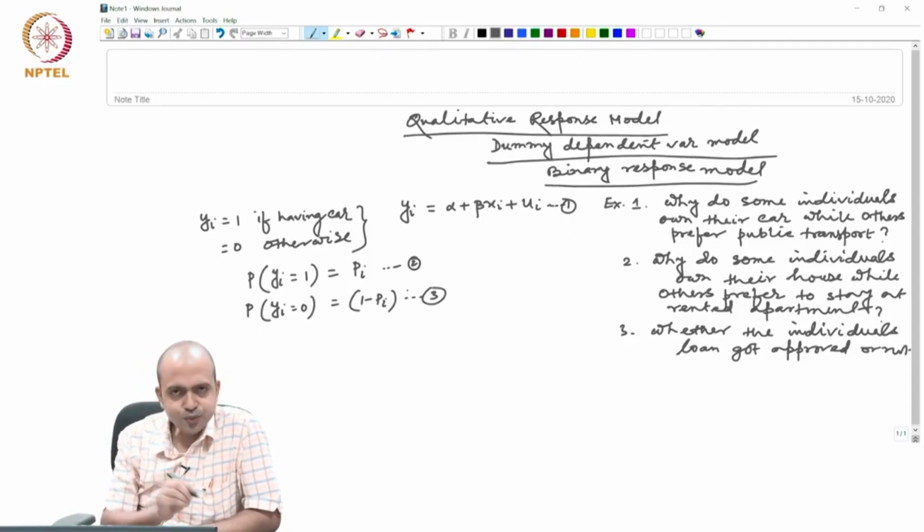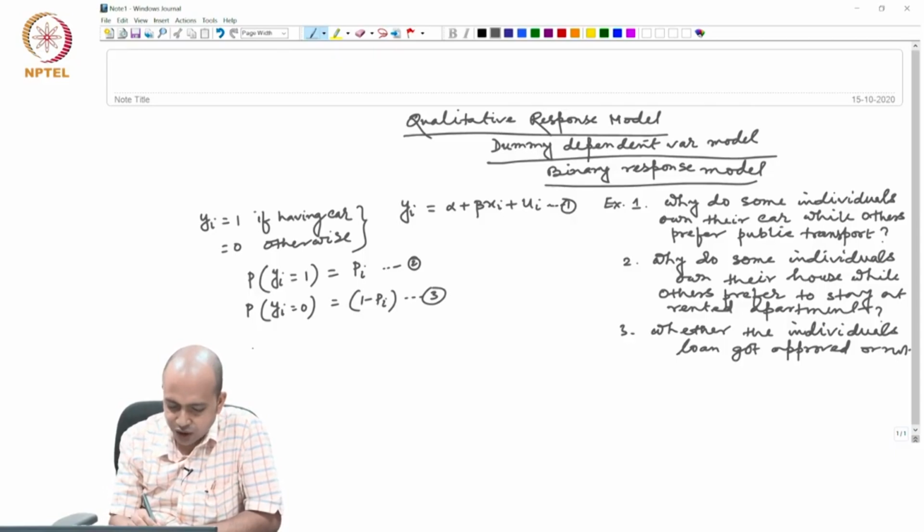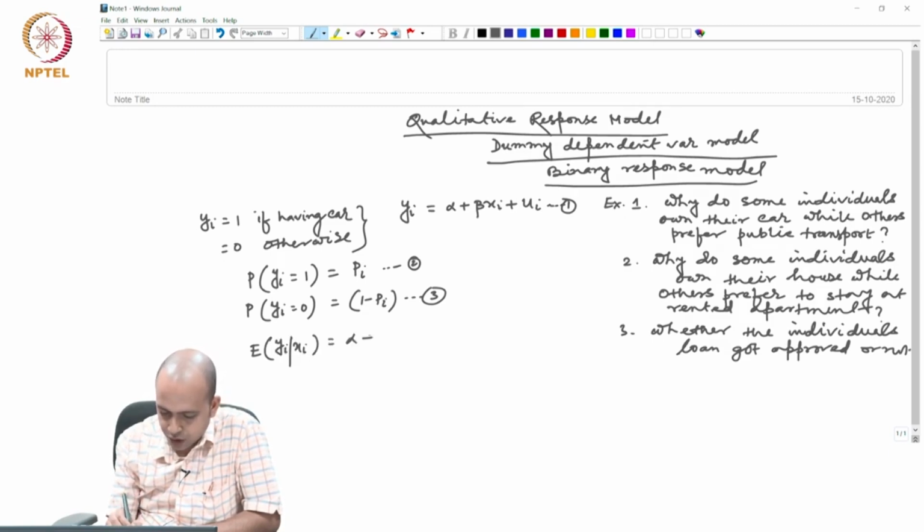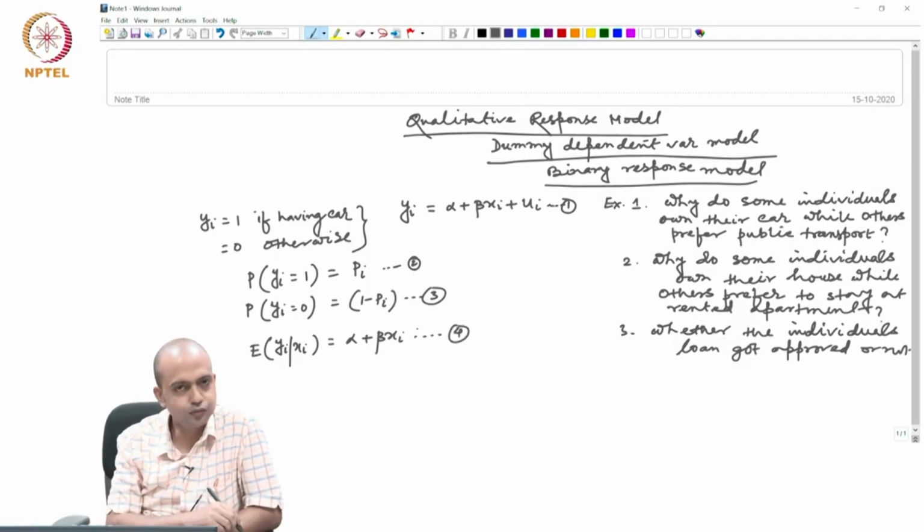Now, if I take expectation of equation 1, then I can write expectation of yi given xi equals alpha plus beta xi. Let us say that is equation 4.